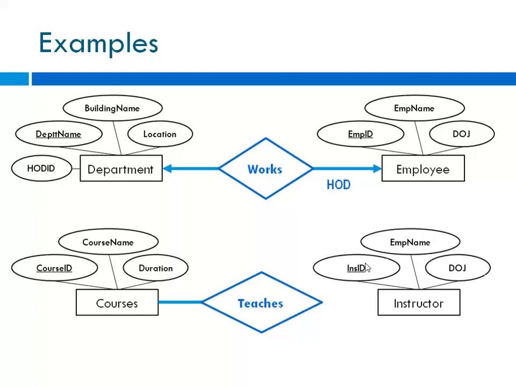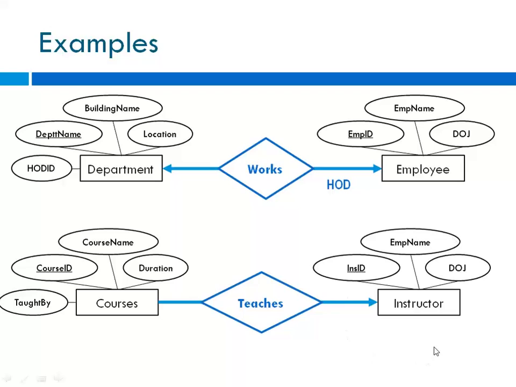Then next is instructor, courses and teacher. Now an instructor can teach multiple courses, so the relationship is teaches. So here we have a one-to-many relationship. Instructor is one and courses are many. So here again we have a one-to-n relationship.